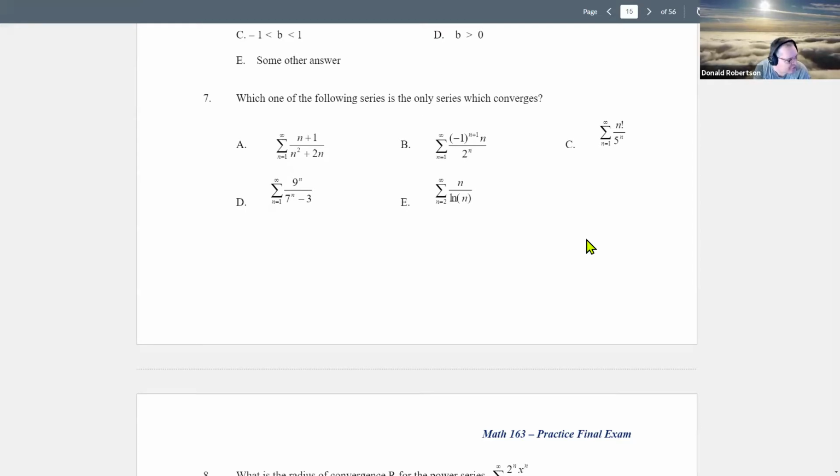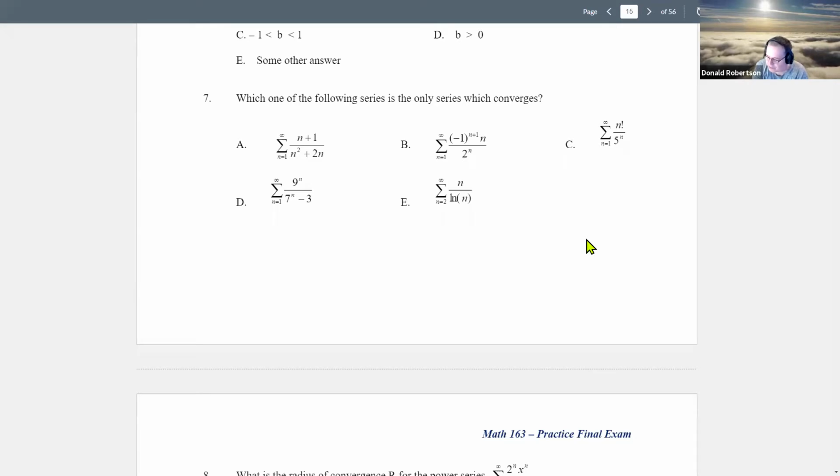Which one of them in 7 definitely converges? Last chance. Is it E? No, but I can understand why you pick E. It looks like it's an integral test, which it is. No, B.